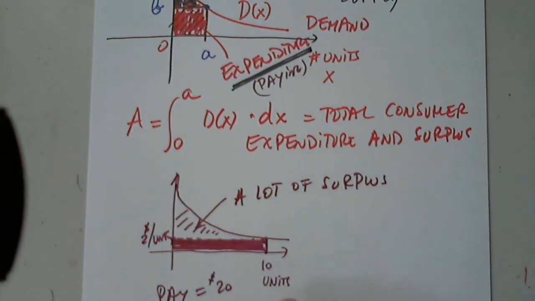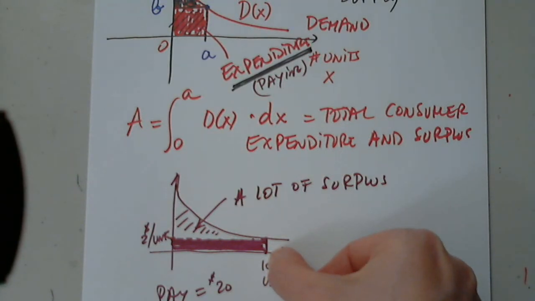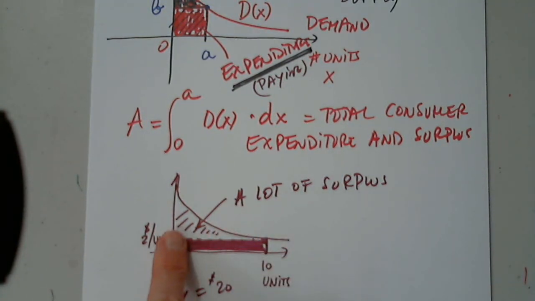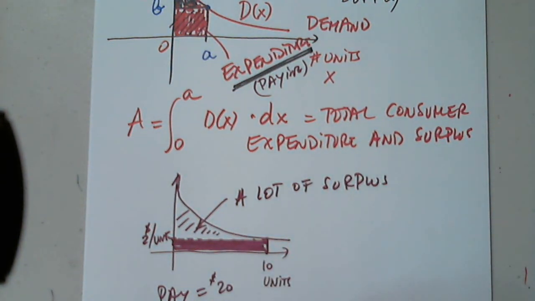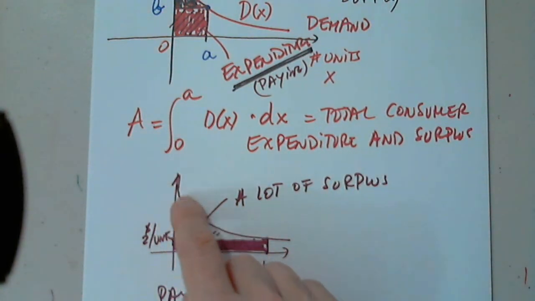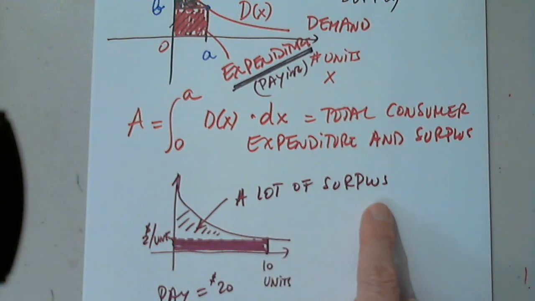I'm not saying to you go out and buy 2 or buy 10 cars because you're going to have a lot of surplus, some value added. You're going to enjoy more. No, I'm not saying that. I'm only saying that this area is something called consumer surplus.